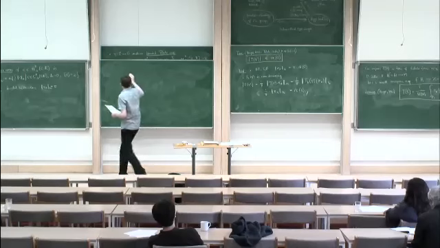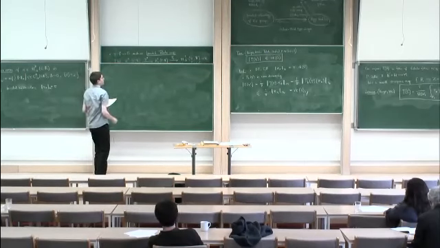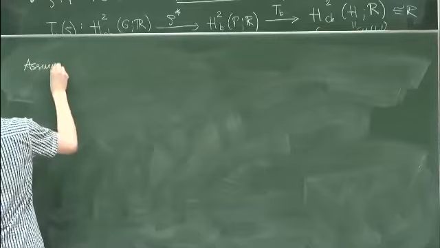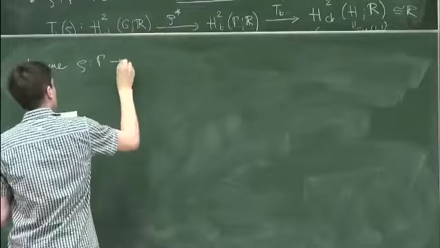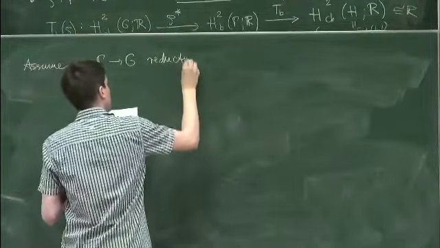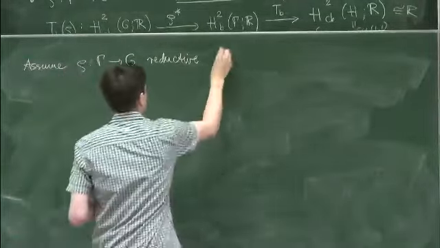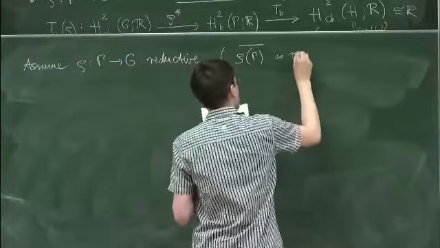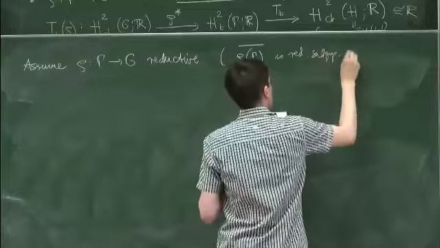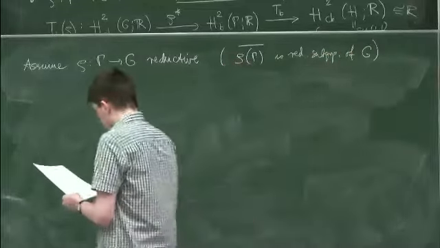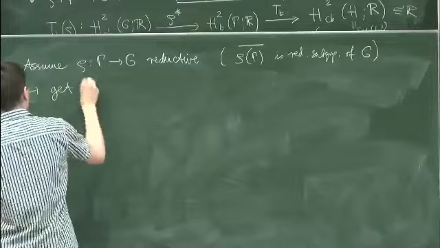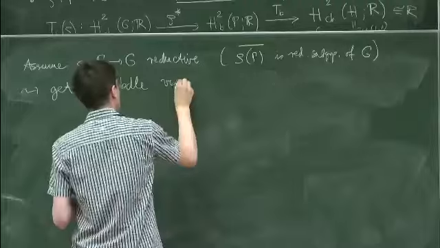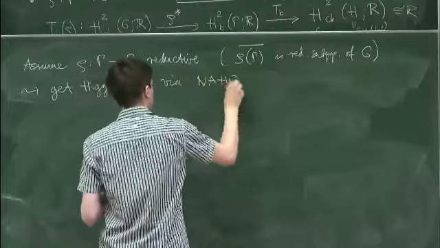So in order to get this non-abelian Hodge correspondence working, we have to make an additional assumption on our representation. So we have to assume that rho is reductive, which is a technical assumption, and it means that the Zariski closure of its image is a reductive subgroup of G. And now we get a Higgs bundle via the non-abelian Hodge correspondence, right?